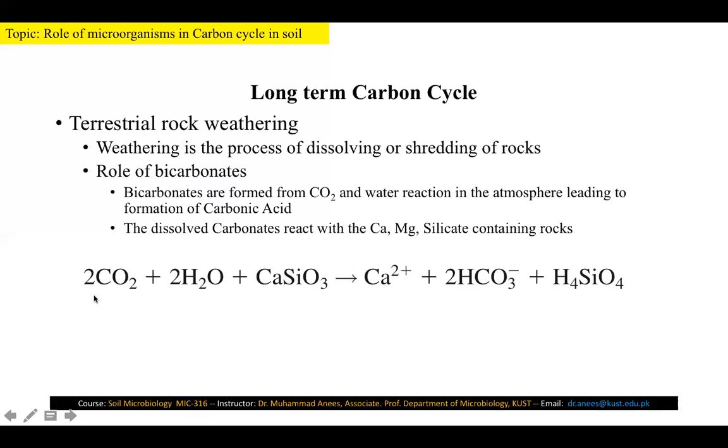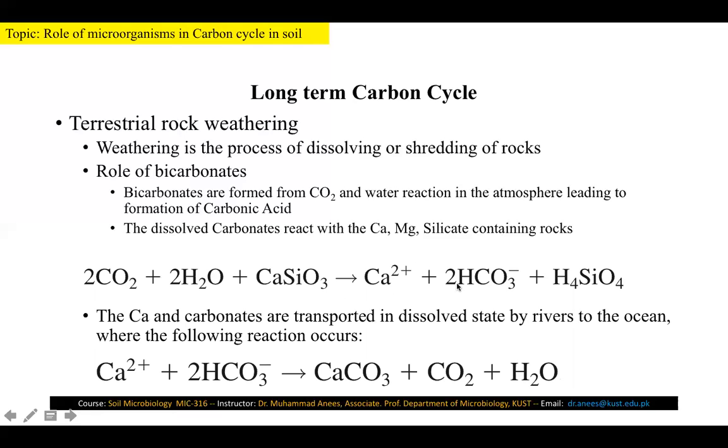So as you see in this reaction, the carbon dioxide dissolved in water comes down to soil and then reacts with rock containing calcium, and then calcium is released along with bicarbonate. Now this calcium and carbonates are then transported in dissolved state by rivers to oceans, where they are converted to calcium carbonate and deposited.